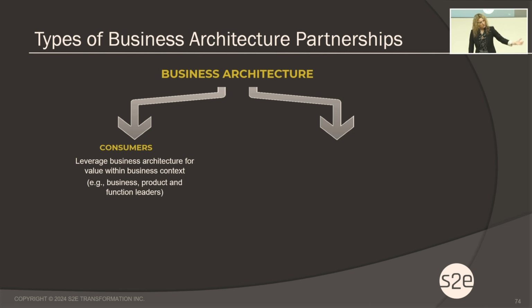So that risk manager that consumed the capability map that was heat mapped around risk, or the compliance manager that could trace through how the legislation was implemented across the organization, or the sustainability leader that could see a view of sustainability performance and a path towards how we're going to achieve it. These are often business, product, or function leaders. And on this side, we don't always have things we're cross-mapping to them, as I was alluding to earlier.